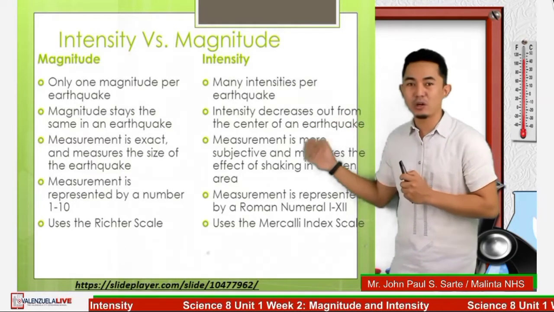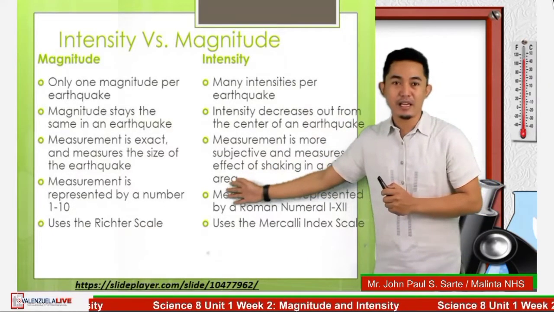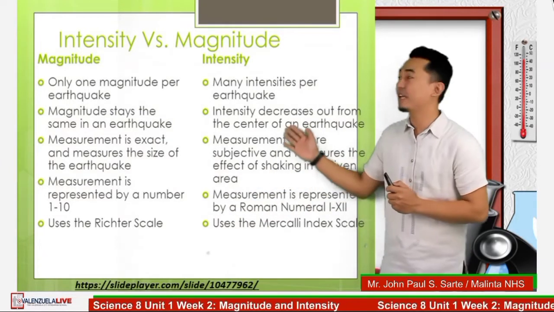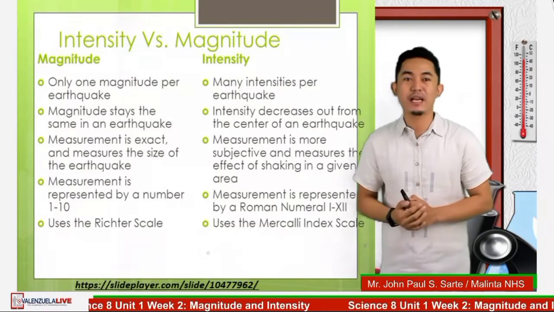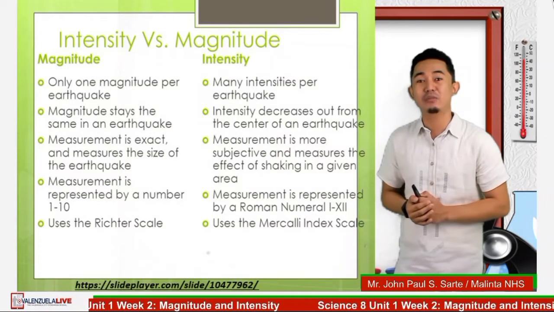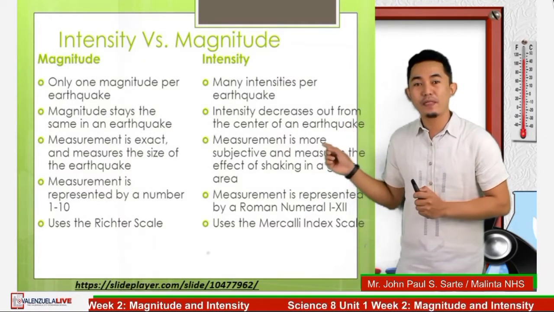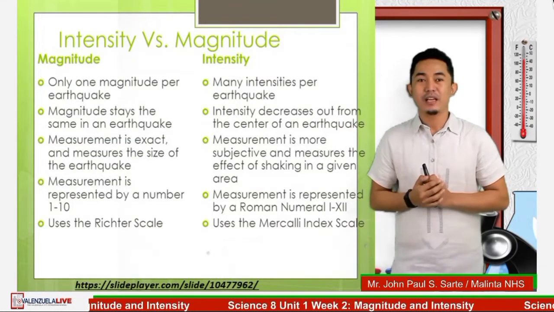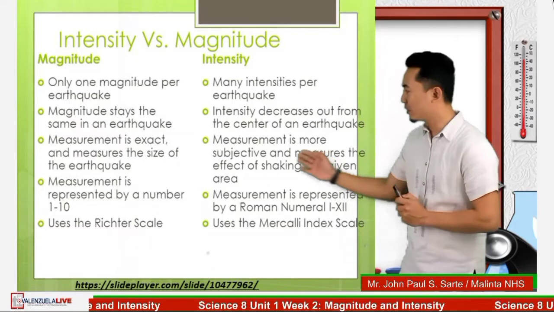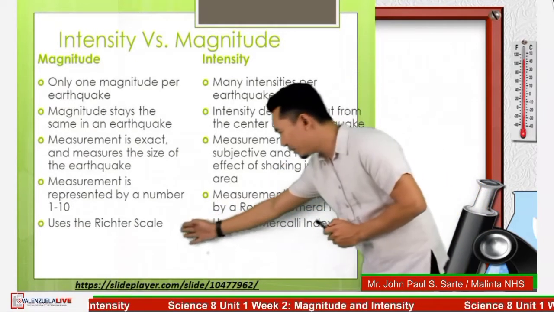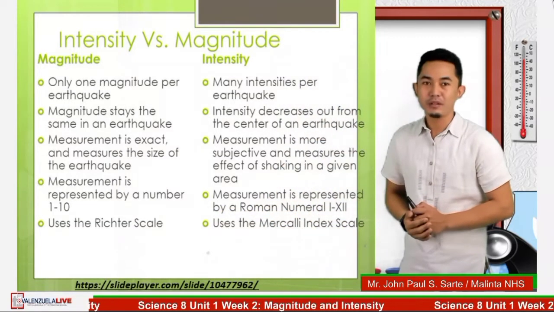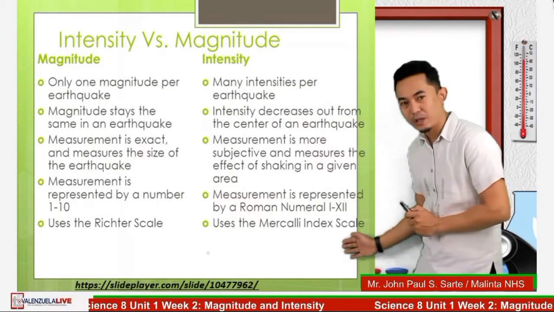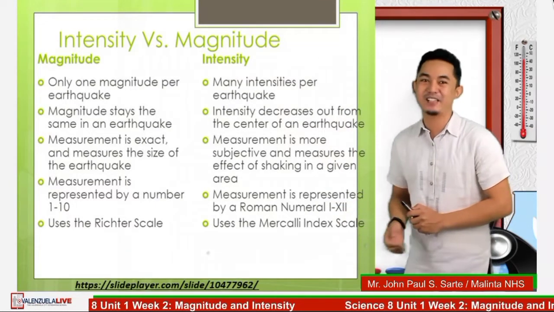And for magnitude also, the measurement is represented by a number 1 to 10, while in intensity, measurement is represented by a Roman numeral 1 to 12. Lastly, but not the least, magnitude uses the so-called Richter scale, while intensity uses the so-called Mercalli scale.